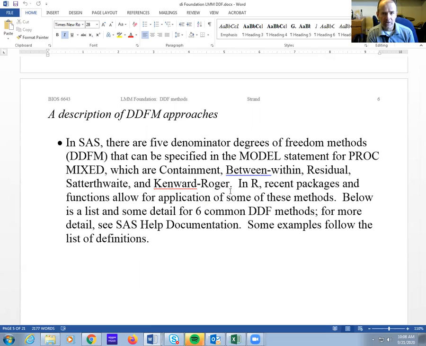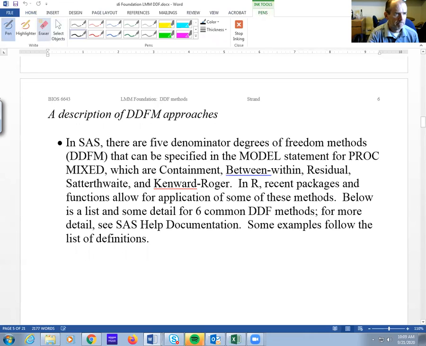If you use R, there's different methods that they typically use. And in SAS, there's default methods. Like, if you don't say which specific method you're going to use, these methods here: containment, between, within, residual, Satterthwaite.